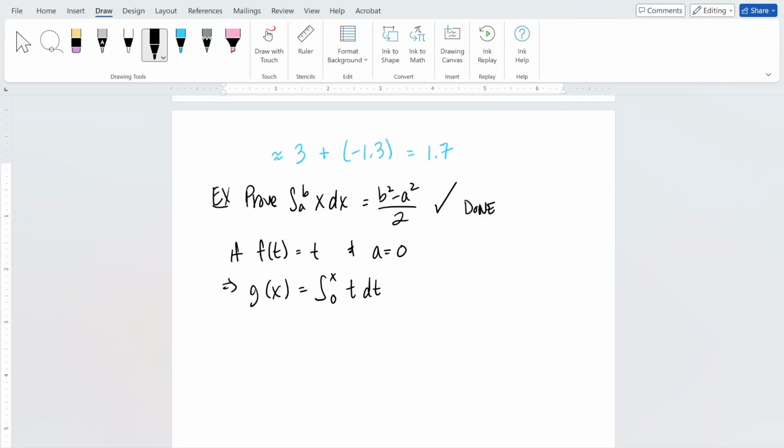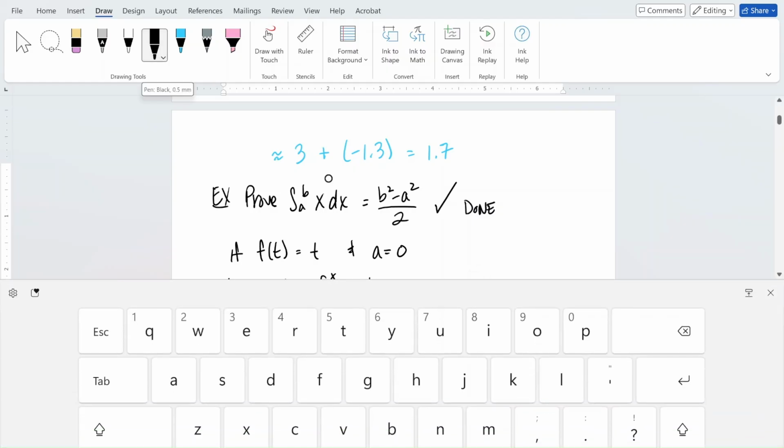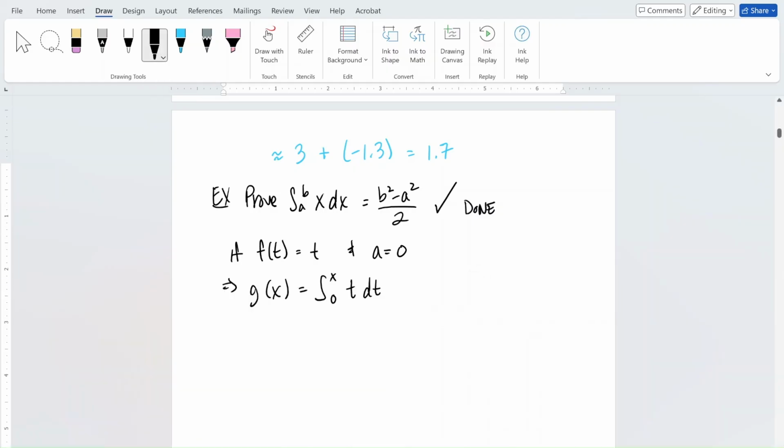If I look at my proven information above, I get that my a is 0, my b is where my x is, because it's the upper limit, and x is my t, precisely, so I can use the formula above. And so I get x squared minus 0 squared over 2, which is just x squared divided by 2.